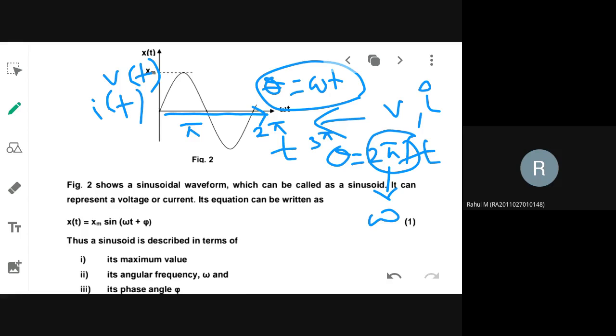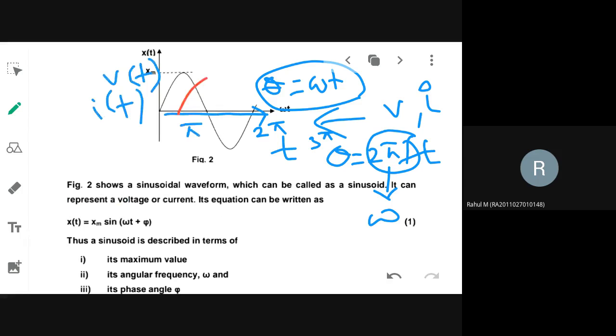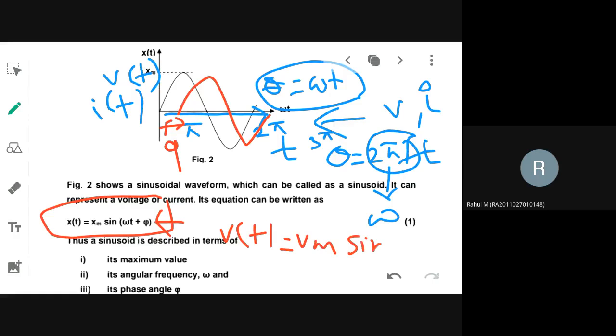And sometimes if you have another waveform like this, then there is some phase difference between these two. That phase difference is indicated by this phi. Understood how to represent a sinusoidal quantity mathematically? If you want to represent the voltage parameter, V of t will be equivalent to Vm sine omega t plus phi.